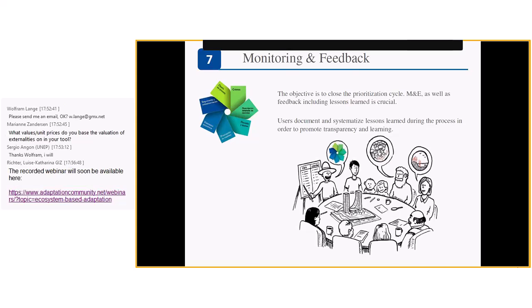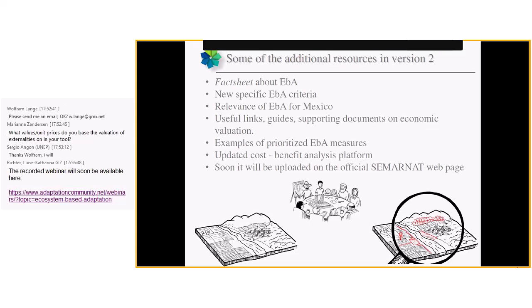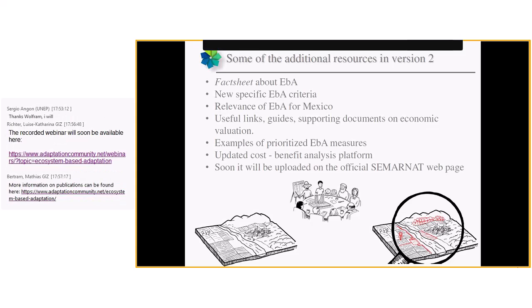So if we go to the next slide, we can see that there are just remarks of the additional resources in this version 2 with the EBA focus. We delivered a fact sheet about EBA that is also in PDF format, and it's available once we upload this new version. It has new specific EBA criteria that can be used worldwide.